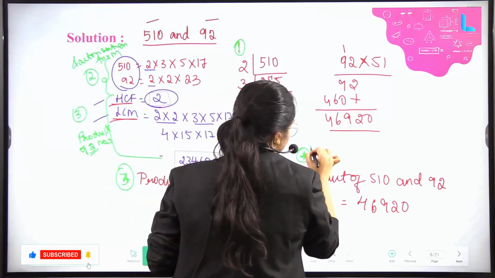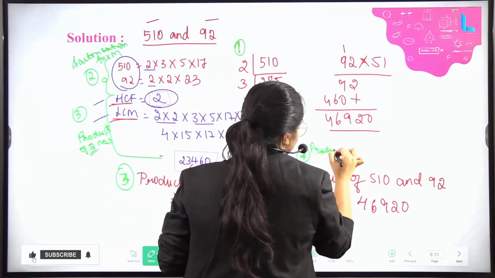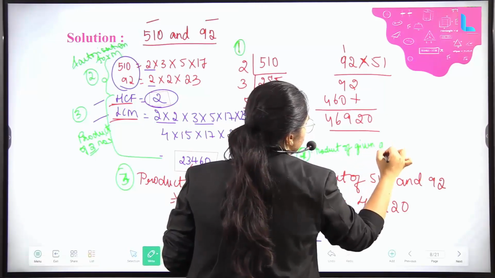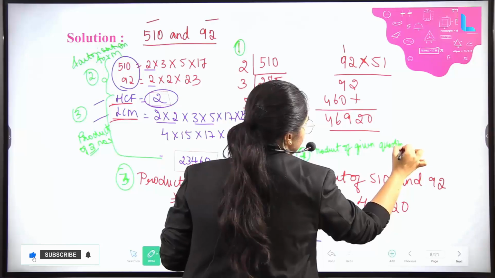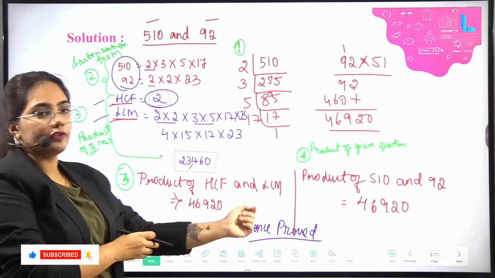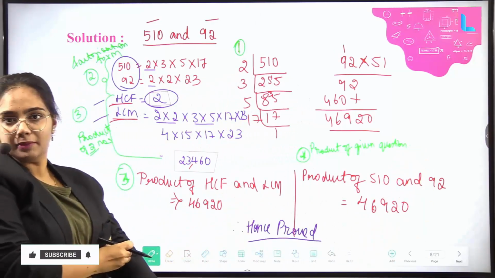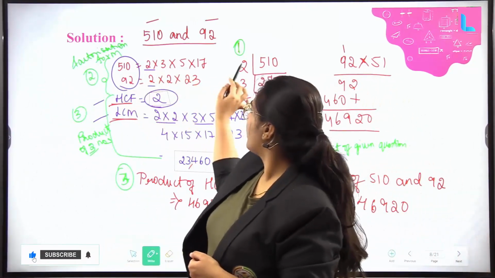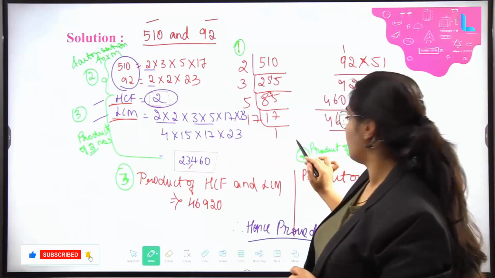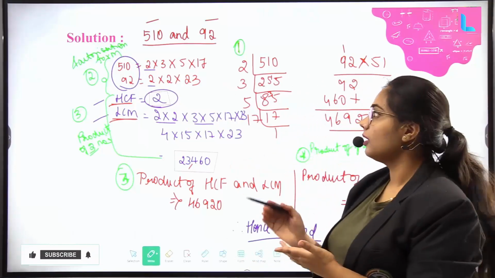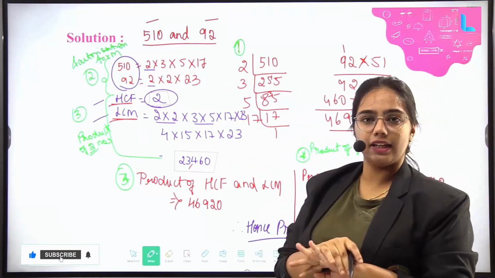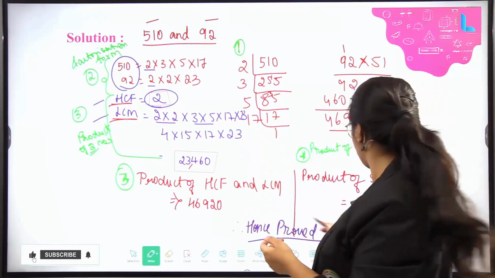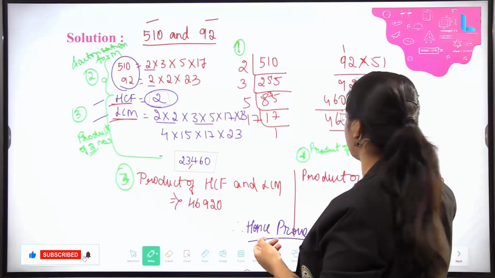These are the 4 steps you have to follow, and this is a 5 marker question. The first part doesn't really carry any weightage of marks, but this has a weightage of 5 marks, and you really have to be thorough with this concept.